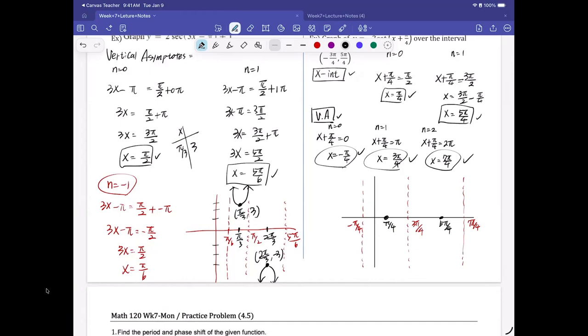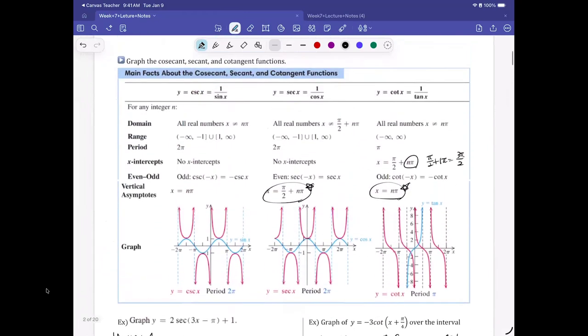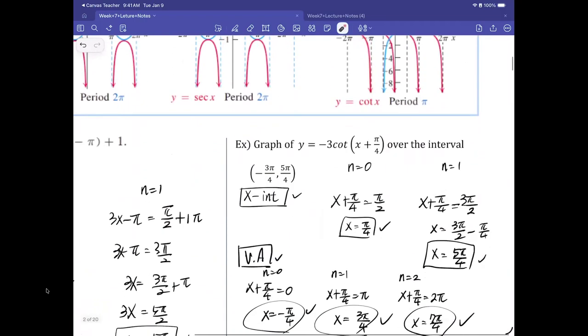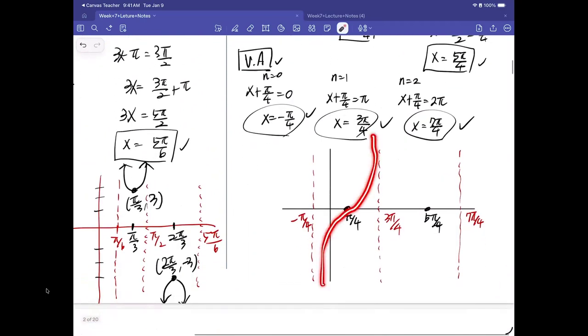But remember, we have to remember the shape. It's going to be this way or that way. That is the key, right? So let's look at the example. This is the cotangent with the positive. Can you see that? Cotangent positive is left up and then right down, right? But this one is what? Negative cotangent. So it's going to be this way.